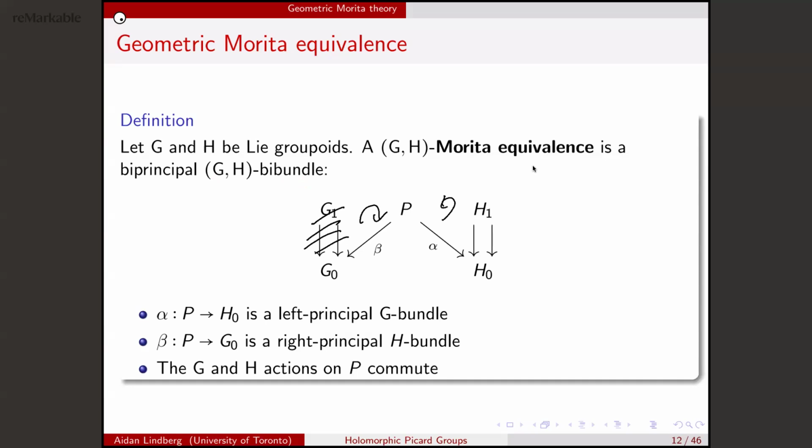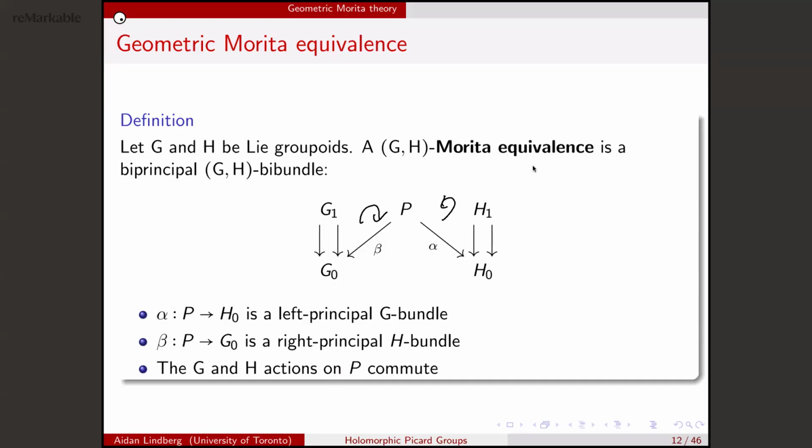I didn't tell you what a right action is, but if you know what a left action is, you can maybe guess what the right action is. And we want the G and H actions on this space to commute with one another. So the way you can think about this is, it's like a bimodule from algebra.